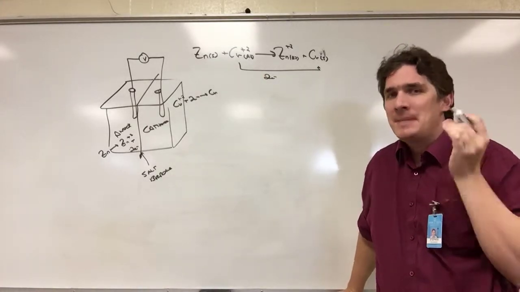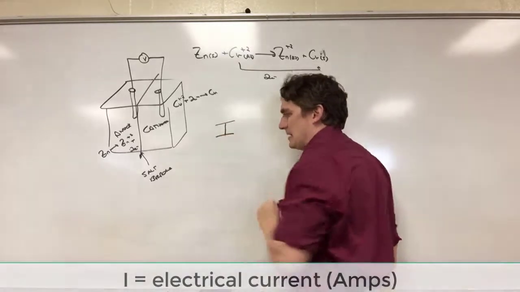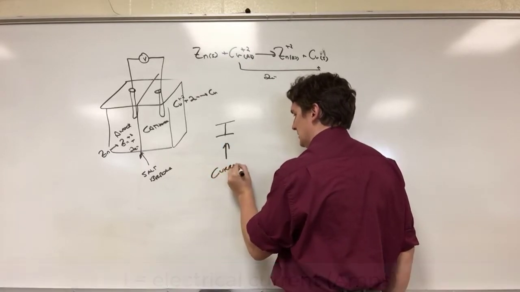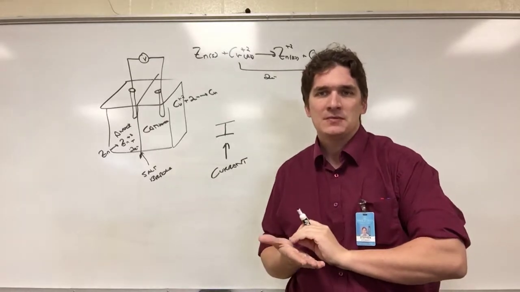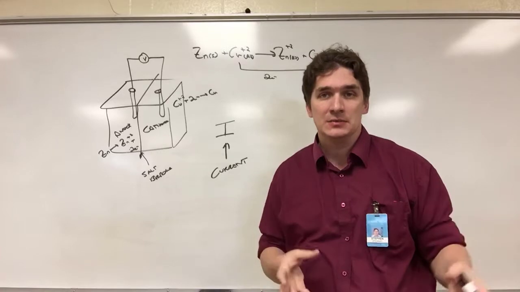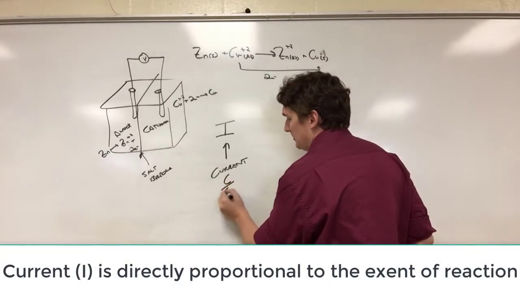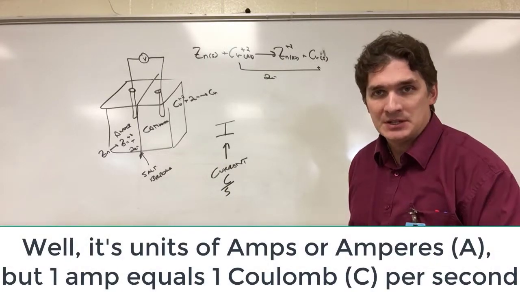Now, the amount of electrons transferred is proportional to the current, represented by the letter I. So our current is the number of electrons flowing from the anode to cathode side, and this is proportional to the extent of reaction. The units of current are a coulomb per second. A coulomb is a unit of electrical charge. We'll get to that in just a minute.